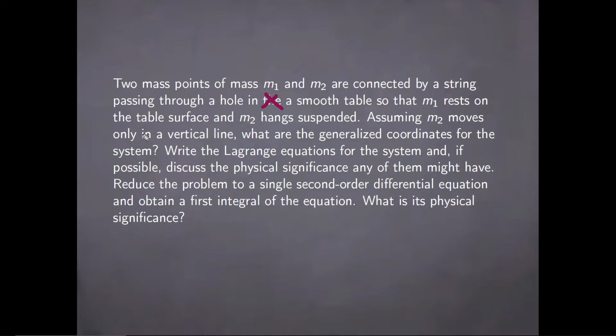Assuming m2 moves only in a vertical line, what are the generalized coordinates for the system? Write the Lagrange equations for the system and, if possible, discuss the physical significance any of them might have. Reduce the problem to a single second-order differential equation and obtain a first integral of the equation. What is its physical significance?